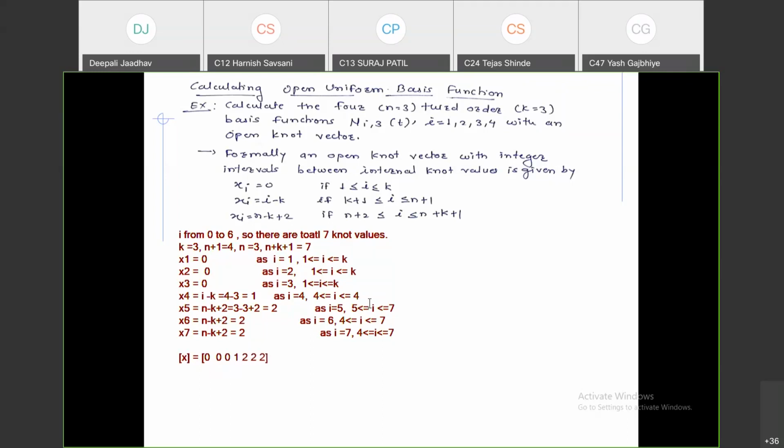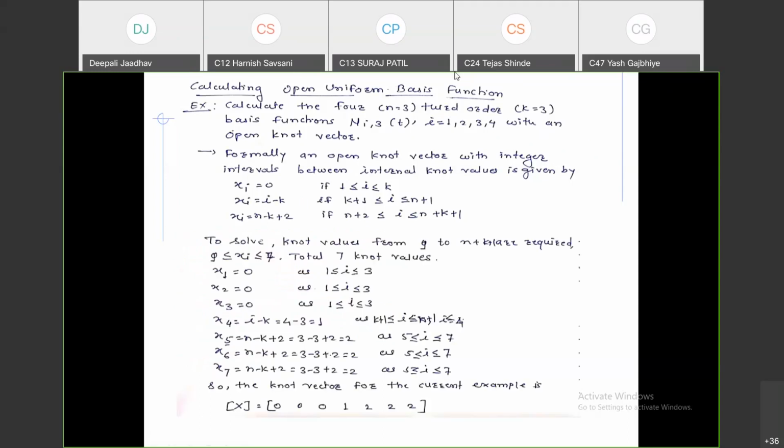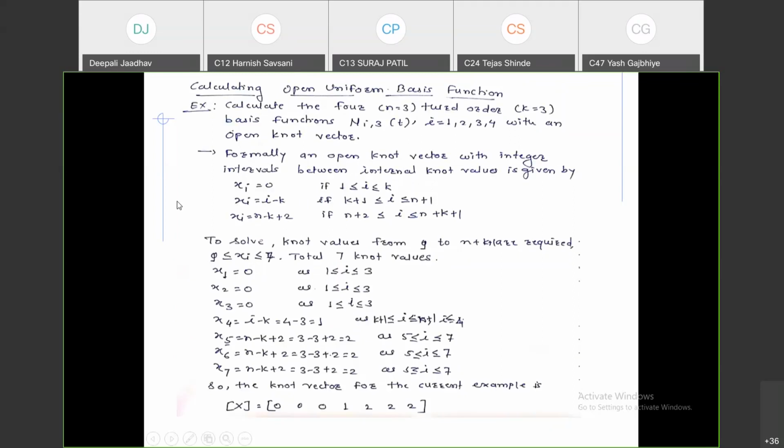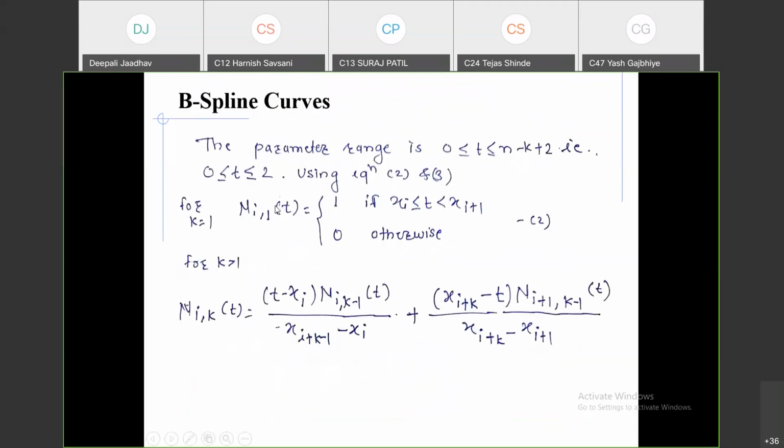So these are the values of x1 to x7 that we require to put in our B-spline function or blending function of the B-spline curve. So these values we need to put in this equation.